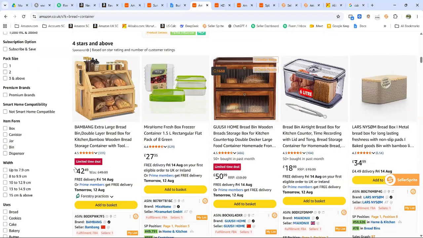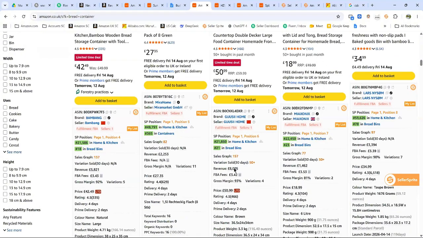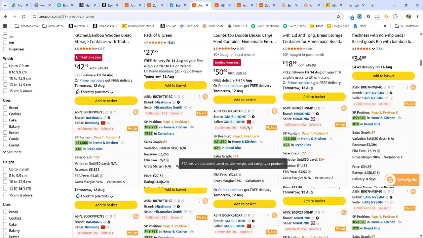This competitor is selling for 42, and this one is selling for 50. But most probably their FBA fee will be the same. Check it out. FBA fee is 3.4, 3.4. So both have the same FBA fee, but this is a better design.